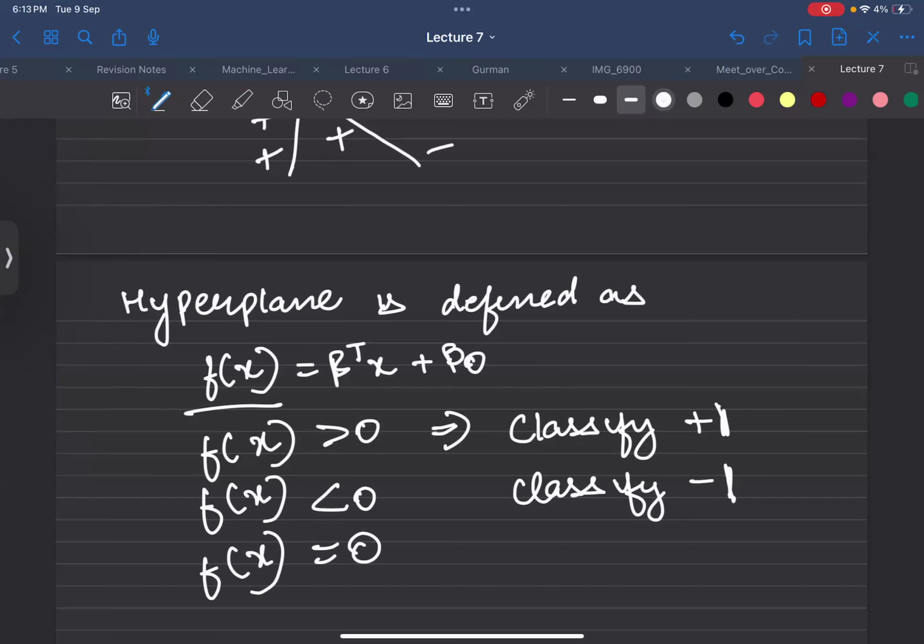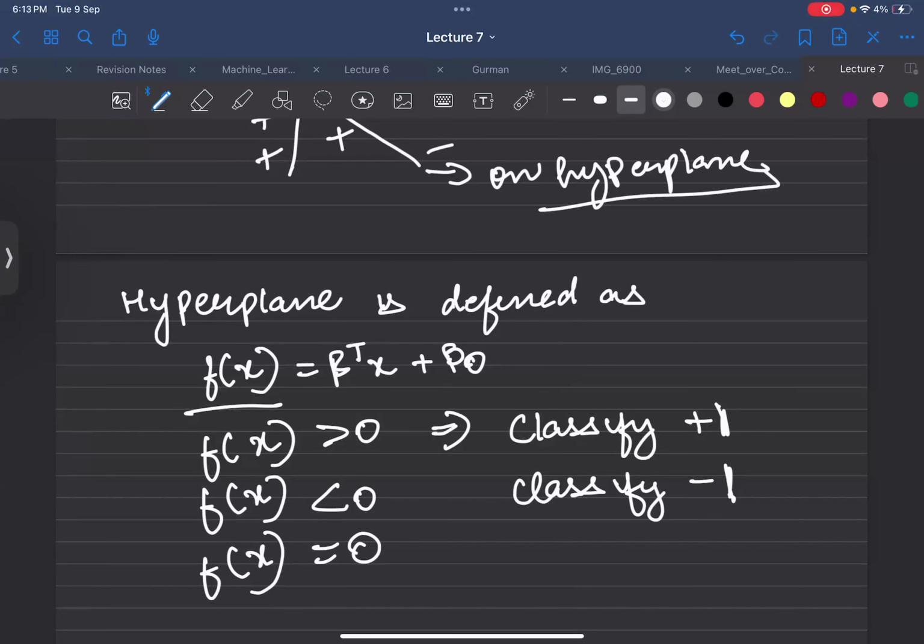Can someone tell me? Yes, we have discussed earlier also in LDA and all. Yashwant has written, it's on the hyperplane. Basically, it's on this margin. Gaurav, what I'm saying is we have two classes.